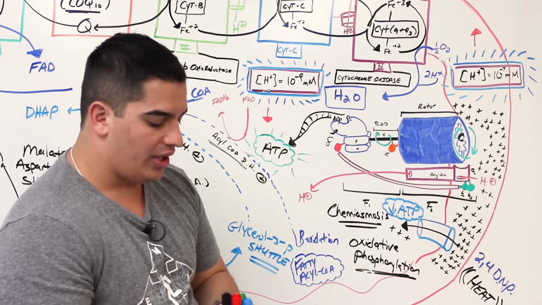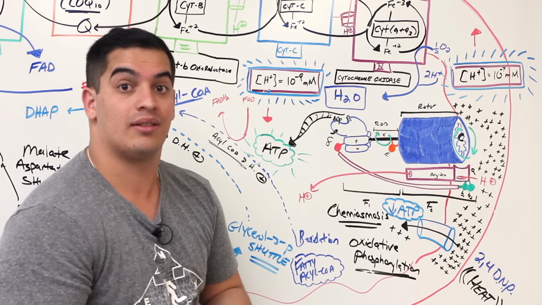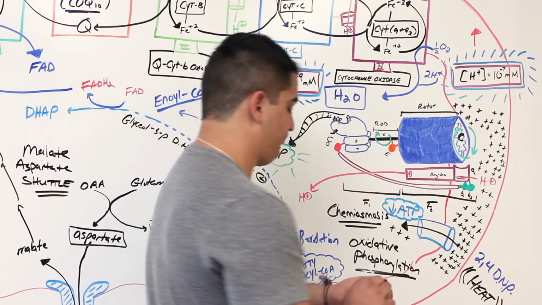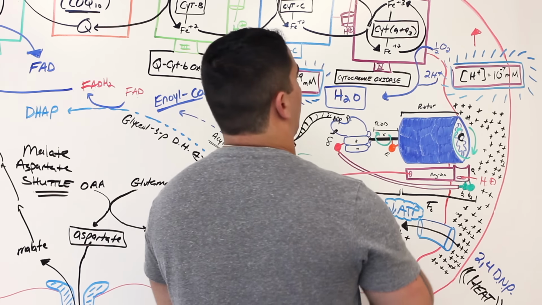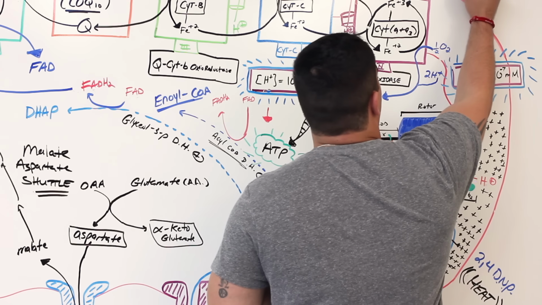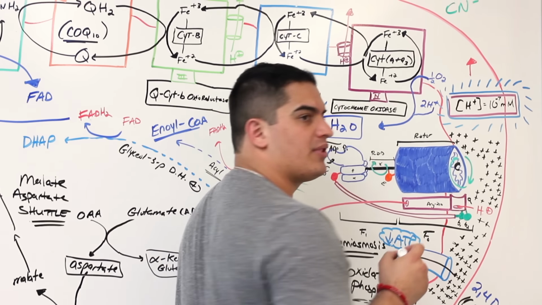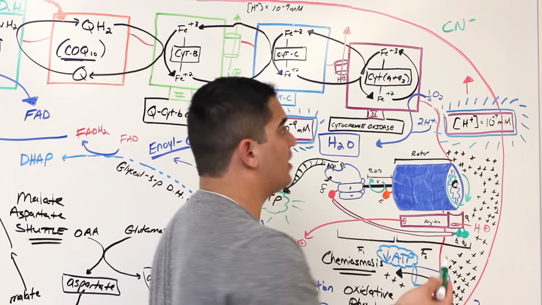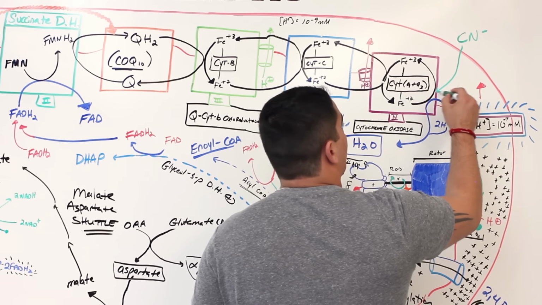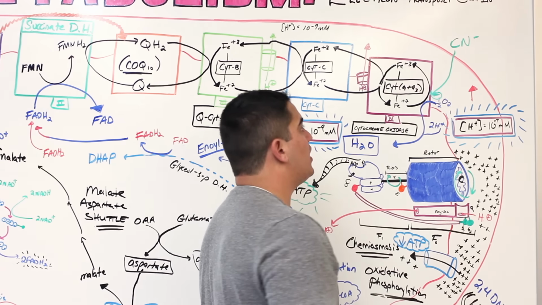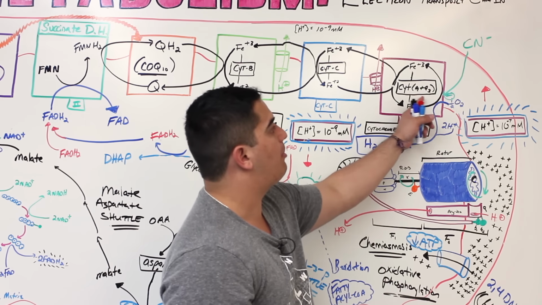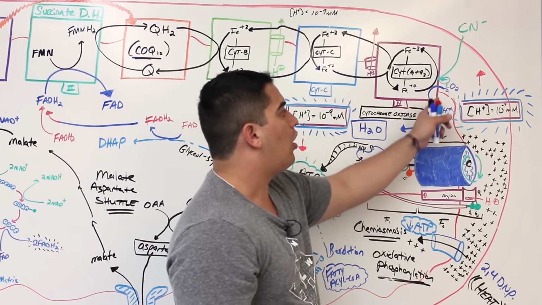You know what else can really, really destroy this? It's an unfortunate thing. You might have heard of cyanide. So cyanide poisoning, for some odd reason, if you have cyanide poisoning, you know what it's going to do? It's going to inhibit this step. Can you transfer the electrons from the actual cytochrome a plus a3 or cytochrome oxidase onto the oxygen?